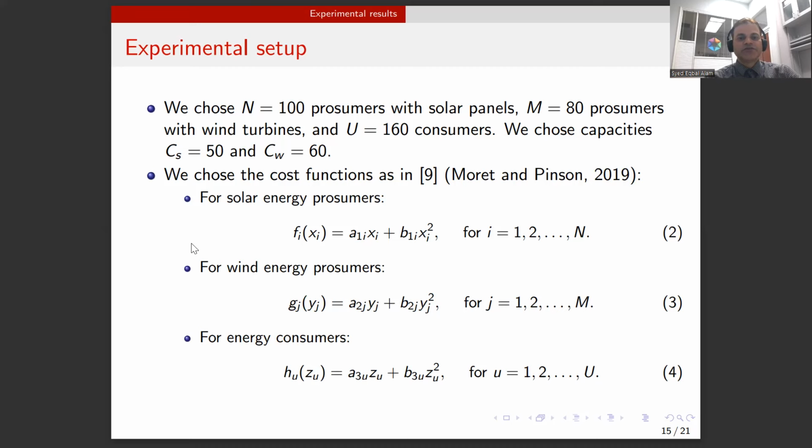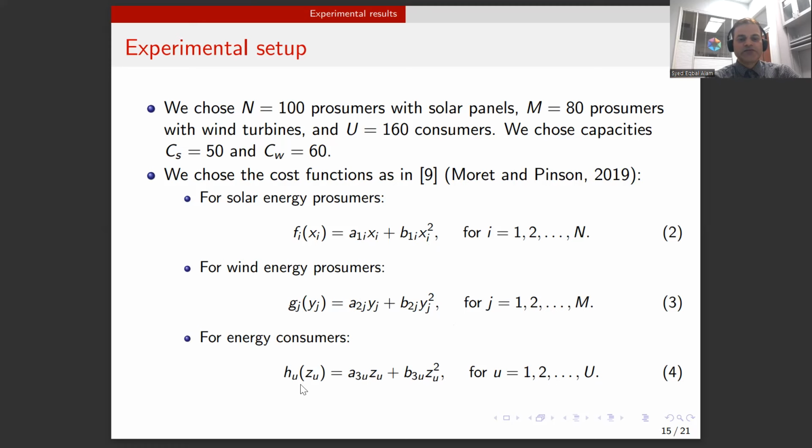For solar energy prosumers, we choose phi xi equal to a1i xi plus b1i xi square. Similarly, for wind energy prosumers, we choose gj yj equal to a2j yj plus b2j yj square.